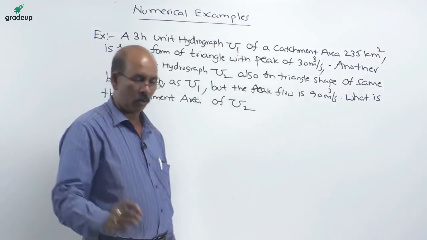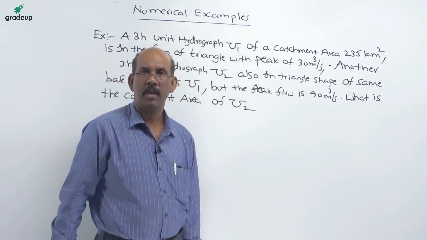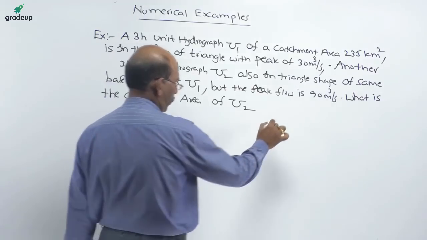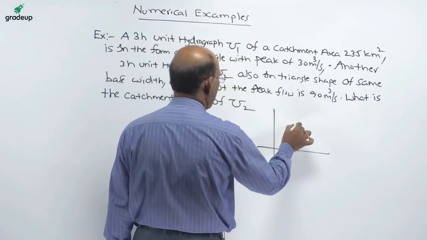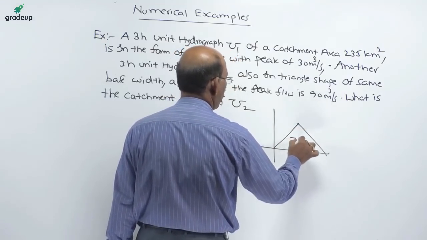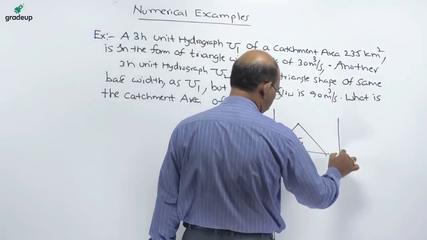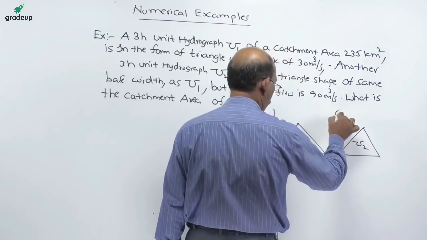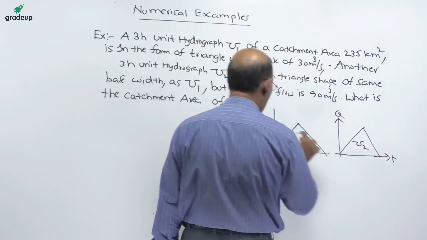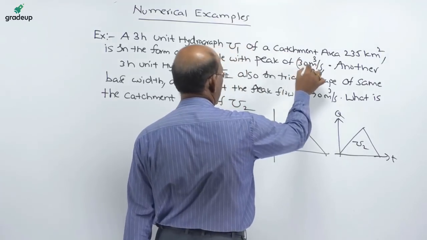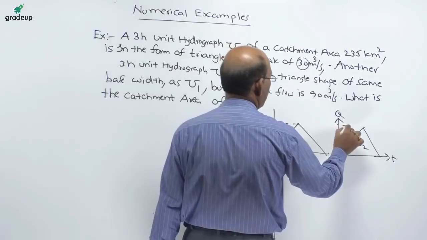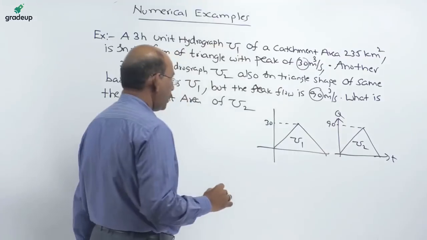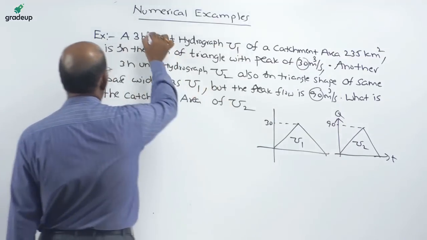So, see this particular question, the two unit hydrographs U1 and U2. This is U1, another unit hydrograph U2, this is Q versus time, and this peak here is 30, this peak here is 90, and both are 3-hour unit hydrographs.